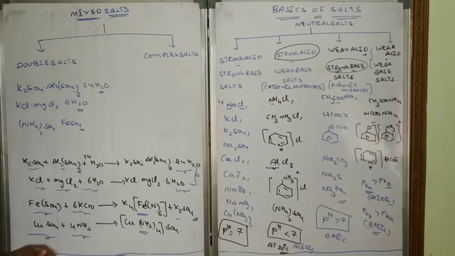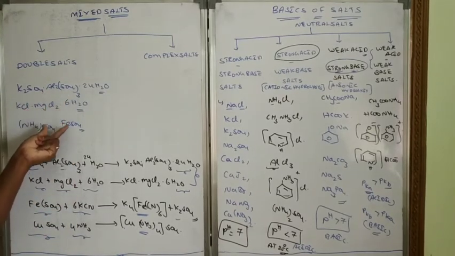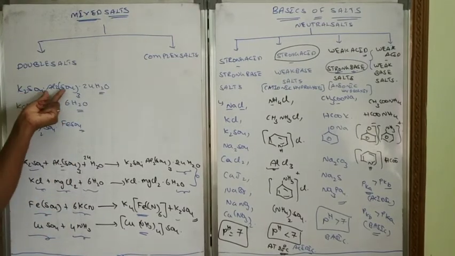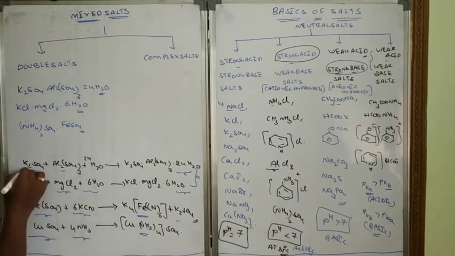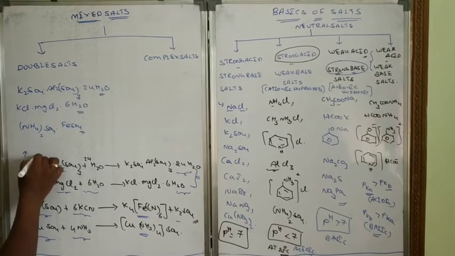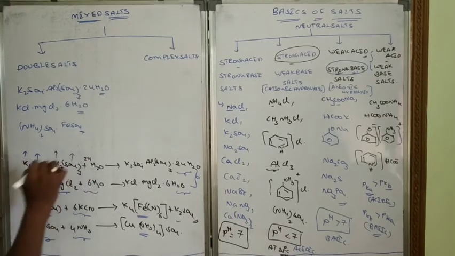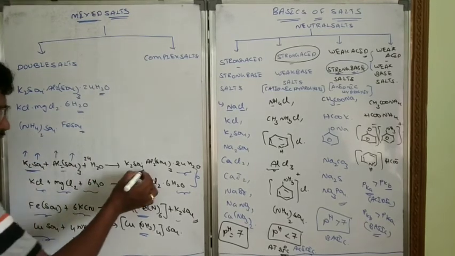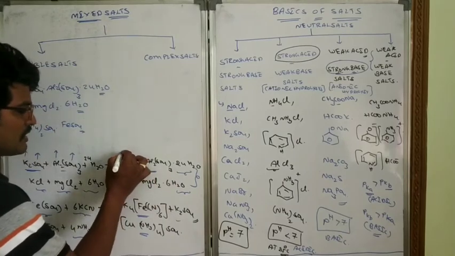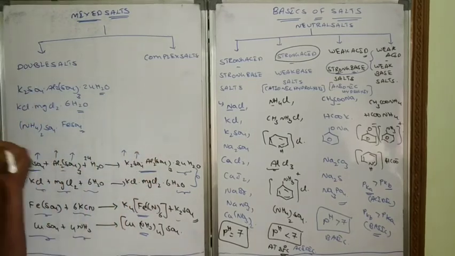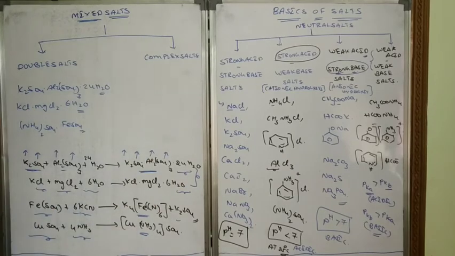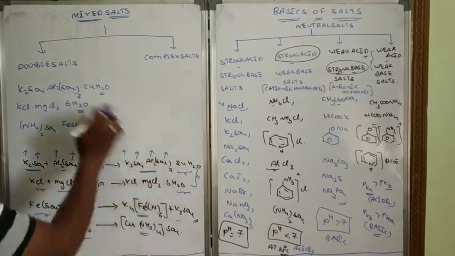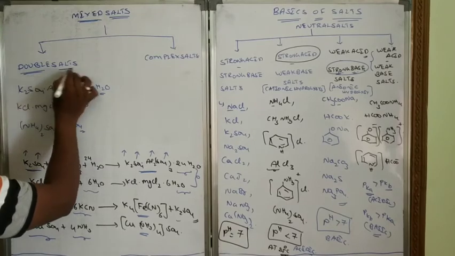Like this, there are some salts which are formed by combination of two or more salts, and when you dissolve this in water, it gives potassium ions, sulfate ions, aluminium ions, and sulfate ions. They are known as the double salts.